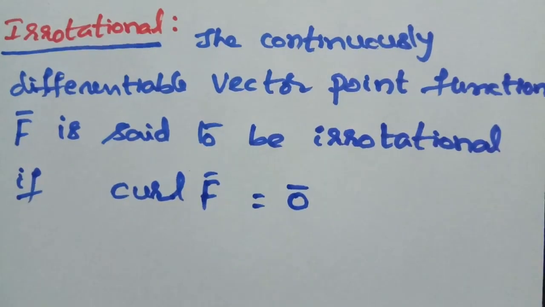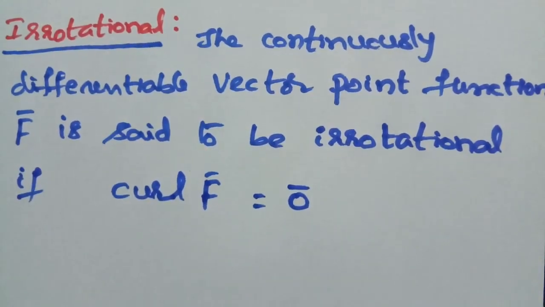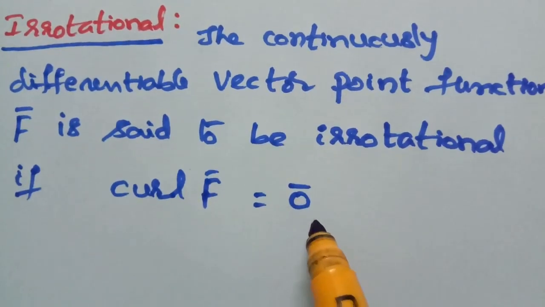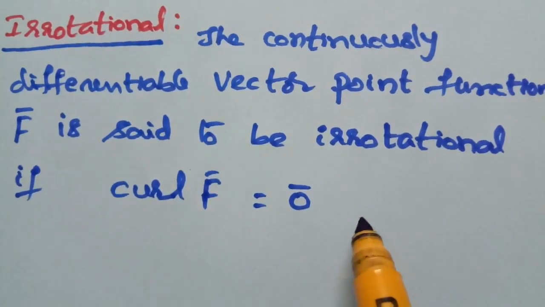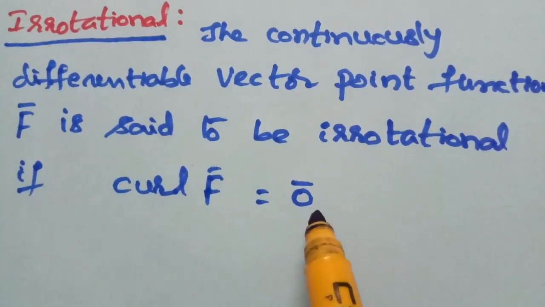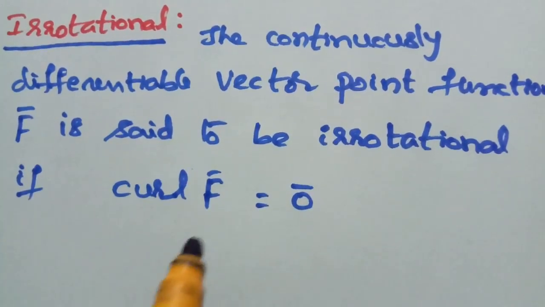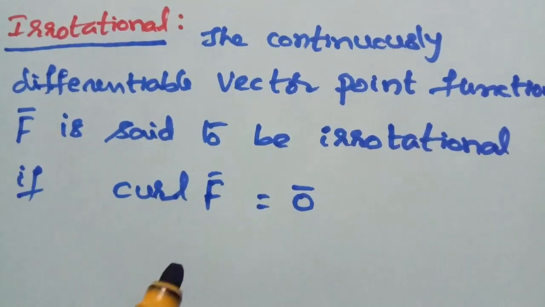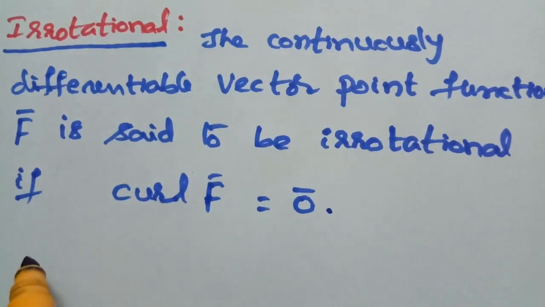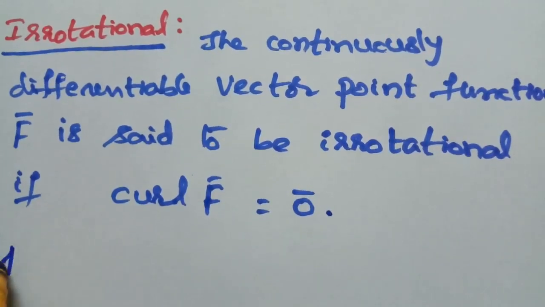Curl f bar, this is del cross f bar. Cross product is a vector quantity, so curl f bar is equal to 0 bar, that means 0 i bar plus 0 j bar plus 0 k bar. So, if curl f bar is equal to 0 bar, then we say that the vector point function f bar is irrotational.